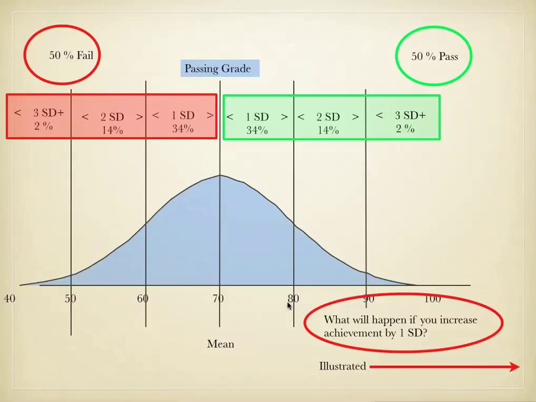So again, here's a score of 80, and 34% of the individuals scored at that one standard deviation above the mean, another 14% for 2, and so on and so forth. So what happens then if you use this intervention?